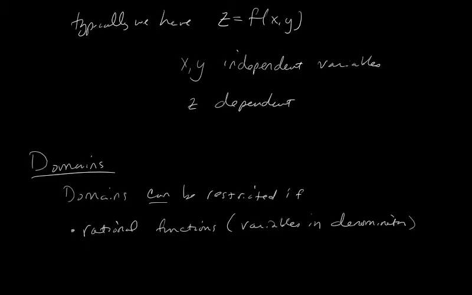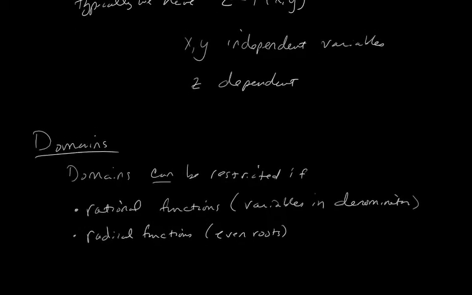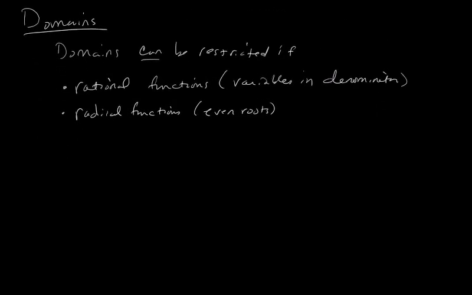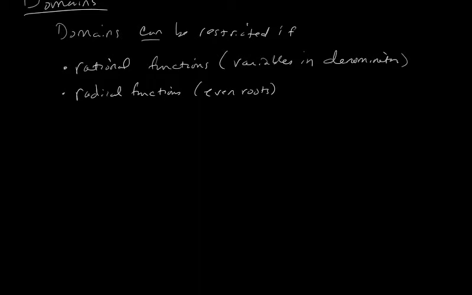It can happen if we have radicals, so any kind of square root, even root. Odd roots don't count, of course, because we can take the odd root of a negative number, but we cannot for even roots. And then finally, the logs. If we have a log, of course, we have to make sure its argument is greater than 0.